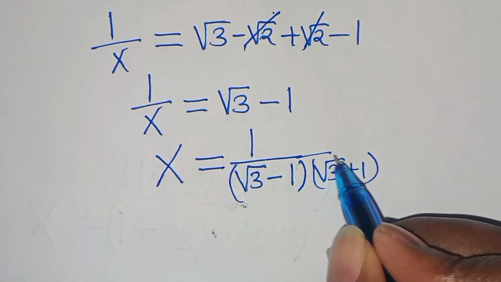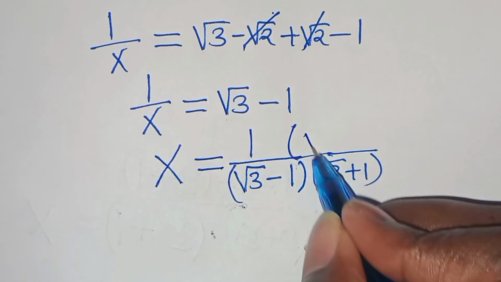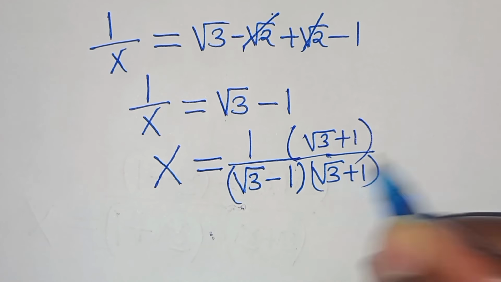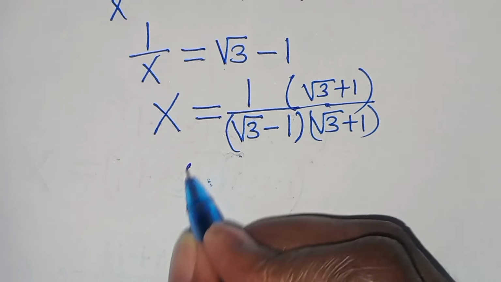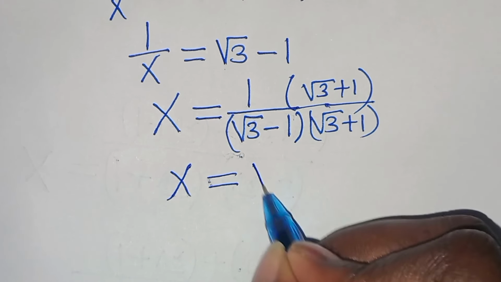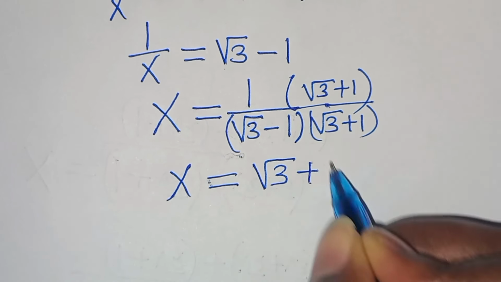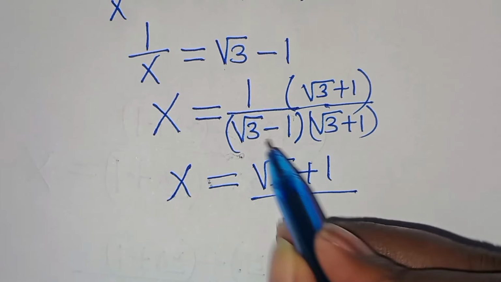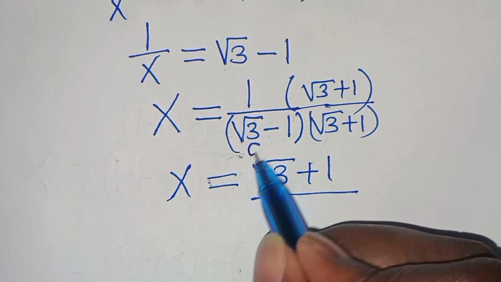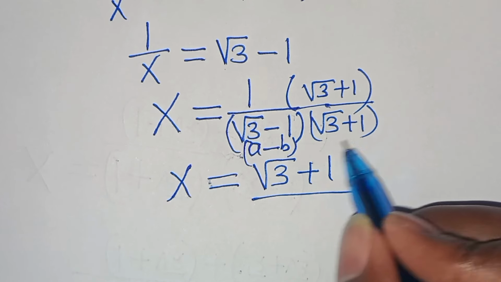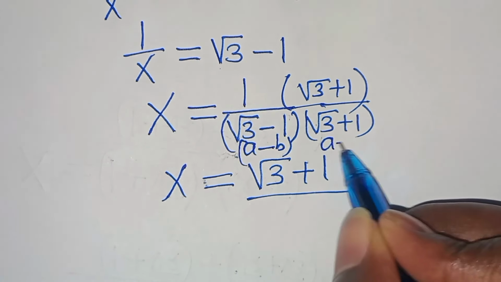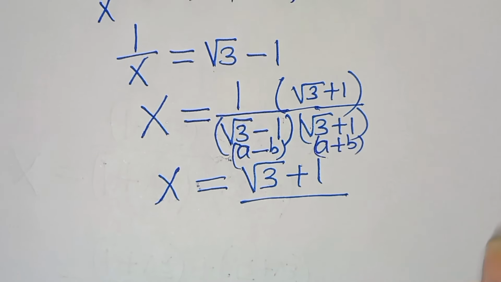We also multiply the numerator with square root of 3 plus 1. Now, this implies that in the numerator, we have square root of 3 plus 1 divided by square root of 3 minus 1. This is in the form of a minus b. And square root of 3 plus 1, this is in the form of a plus b.